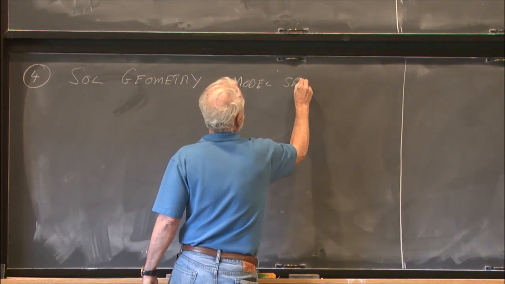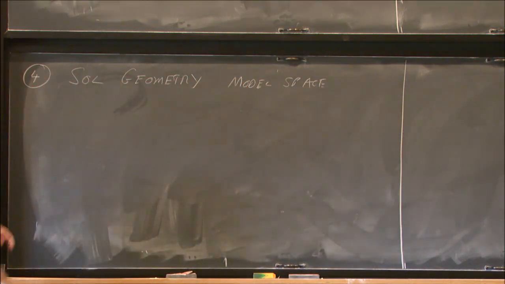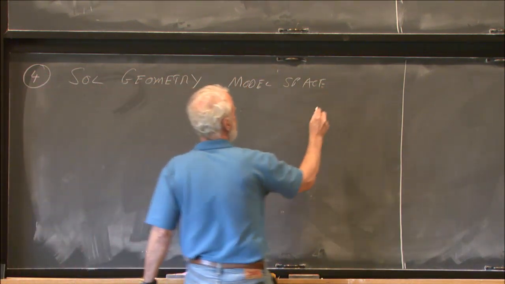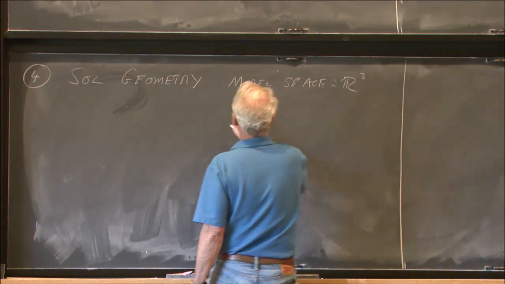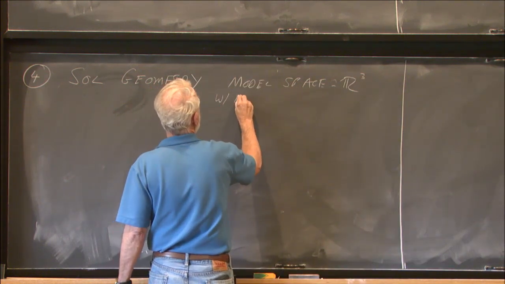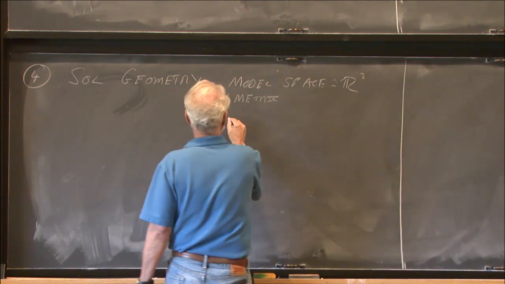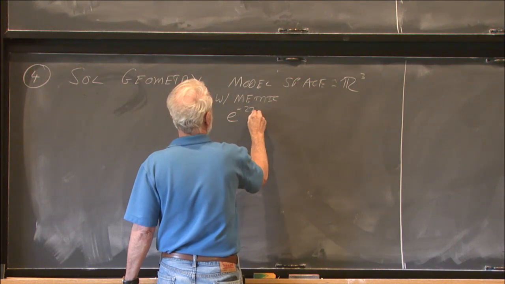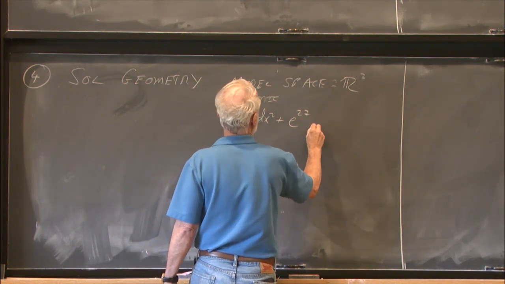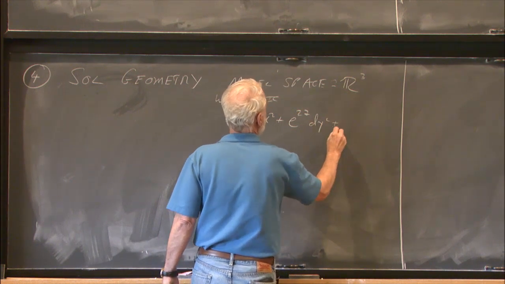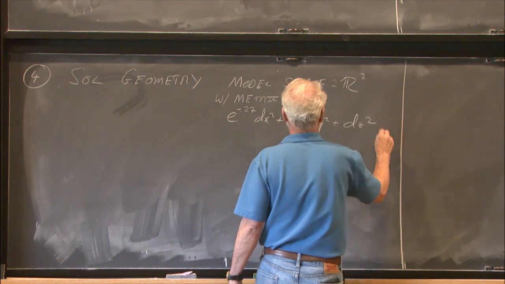So the model space for this that everything locally is modeled on is just R3 with the usual coordinates, but metric e to the minus 2z dx squared plus e to the 2z dy squared plus dz squared.